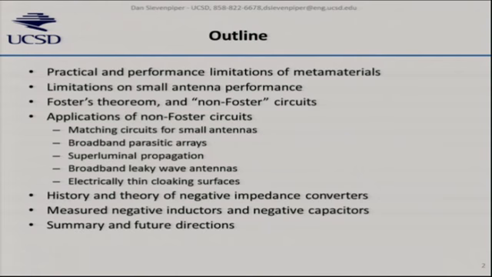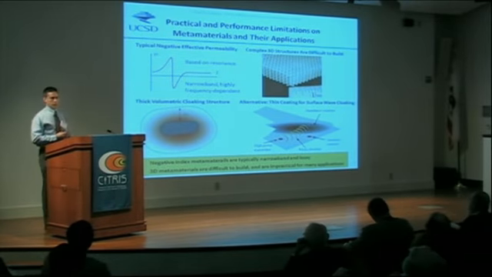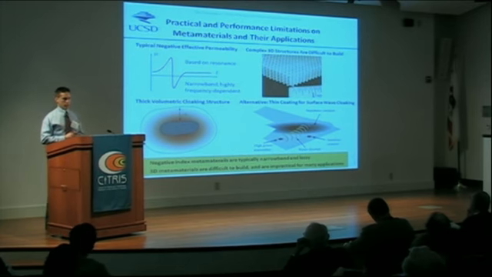Matching small antennas to exceed the Wheeler-Chu limit, for example, broadband parasitic arrays, superluminal structures for broadband antennas, cloaking, and other applications. And then at the end, I'll show you how we actually make them and some of our preliminary measured results. So first, let's talk about limitations on some of the popular RF structures.